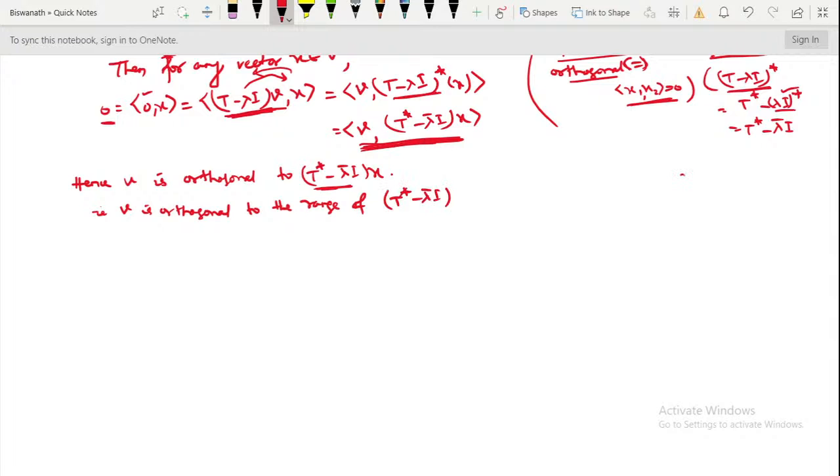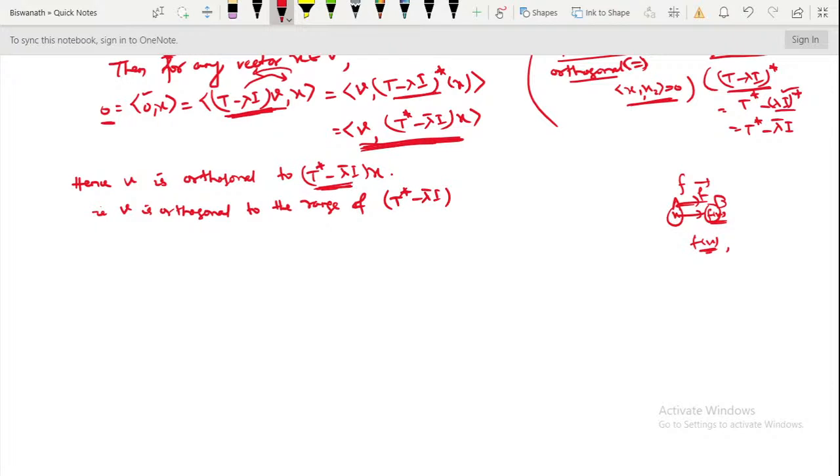Okay, you know, if f is a function from A to B, suppose this is A, this is B, and if this is x, then this is f of x. So this is the range of f.